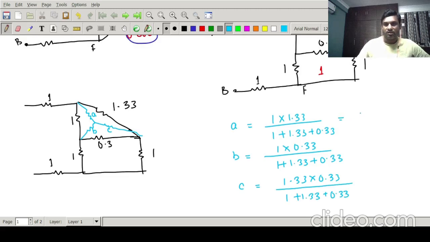So here I can get 1.33 divided by 2.66, 0.33 divided by 2.66, and here 1.33 multiplied by 0.33.